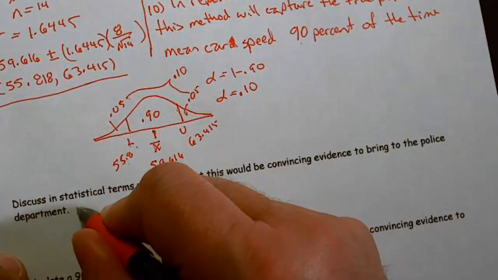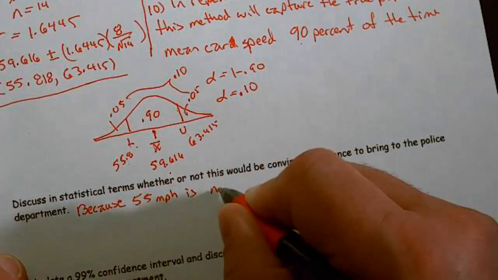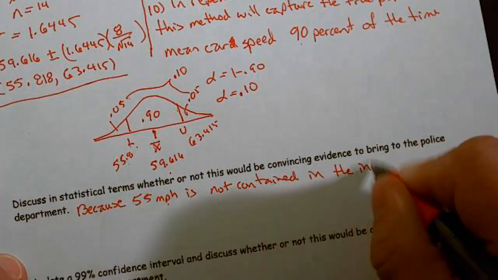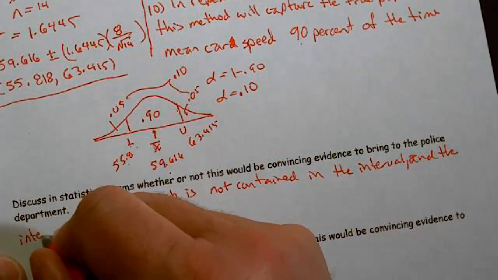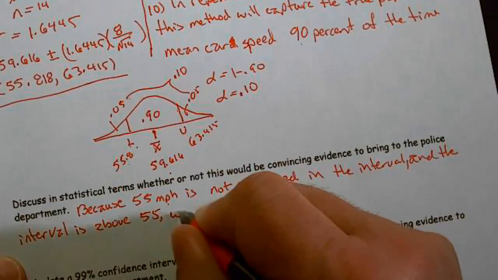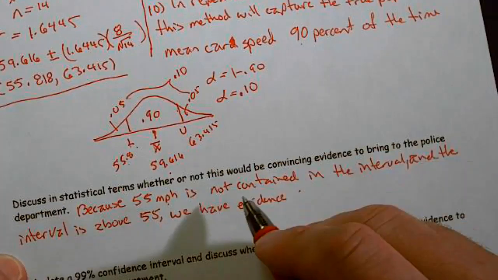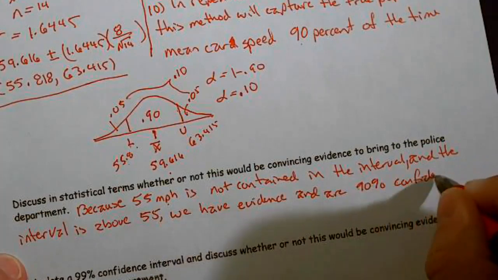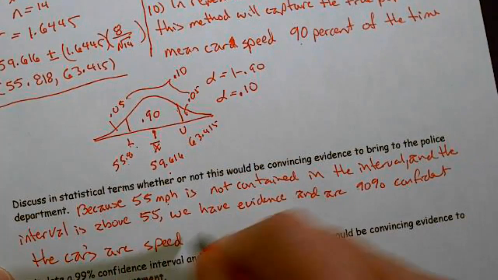So we can say, because 55 mph, miles per hour, is not contained in the interval, and the interval is above 55, we have evidence, or better yet, we have evidence and are 90% confident the cars are speeding on average.